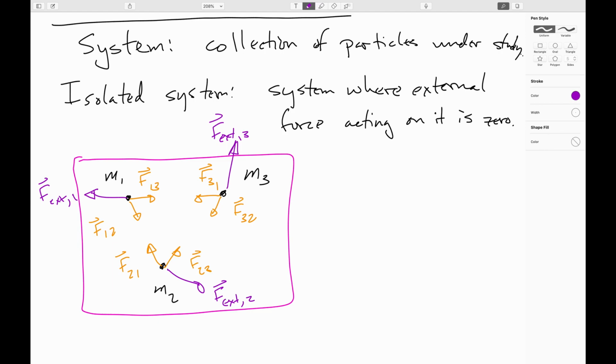So the beauty of this is that when I'm trying to describe the net force acting on my system, it turns out to just be the sum of the external forces.